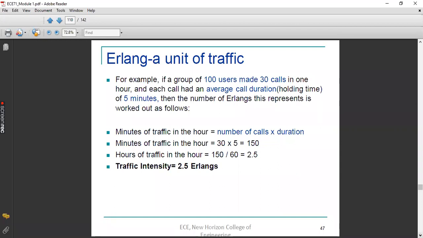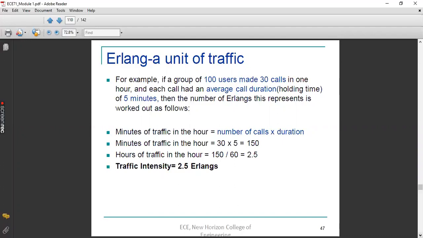Totally, we have 30 calls. So the traffic duration of all the calls will be 30 into 5, that is 150. So the total minutes that is busy in the particular system is 30 into 5, that is 150.